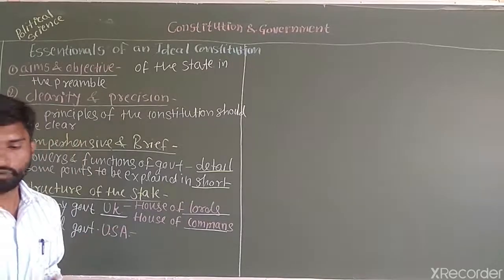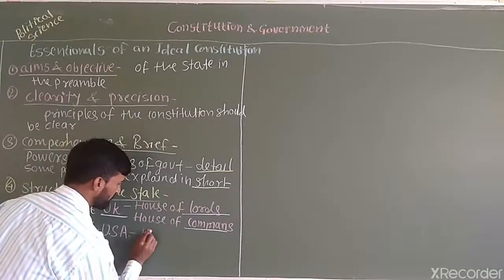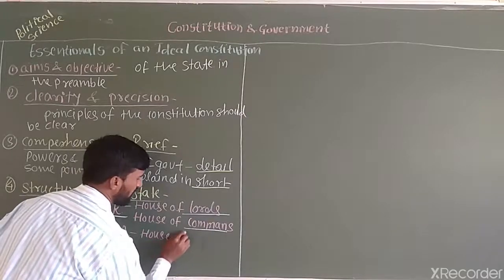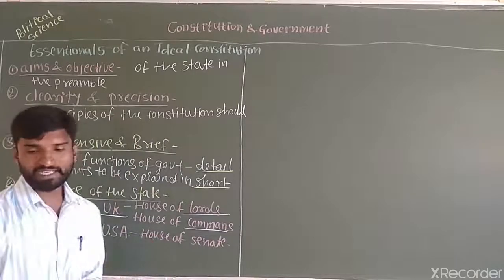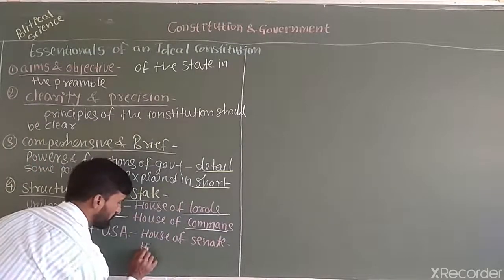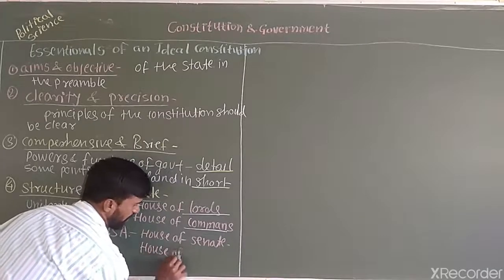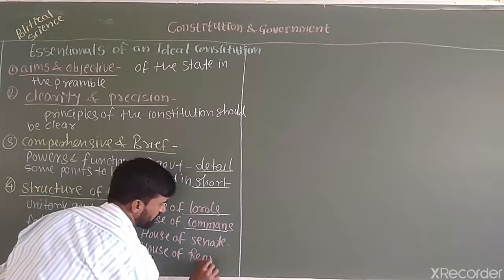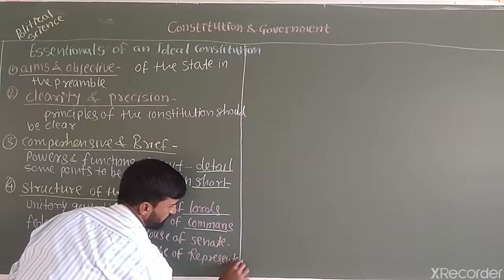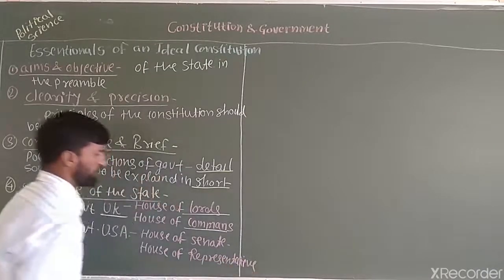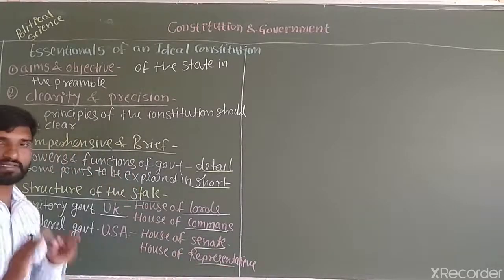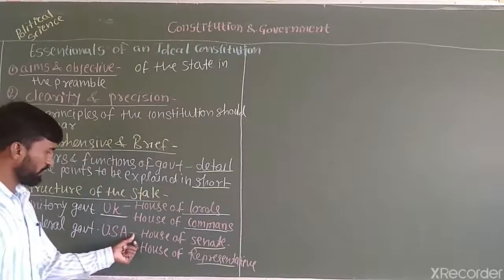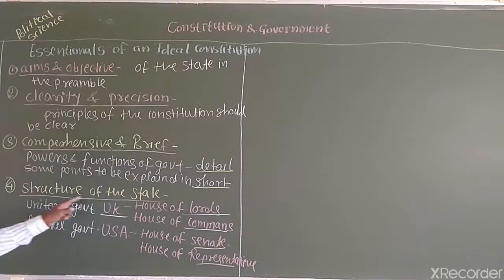One is the Senate, which is called the upper house, and second one is the House of Representatives. So Senate is the upper house, whereas Representatives is the lower house. Keep in mind the structure of the state, whether it is unitary or federal.